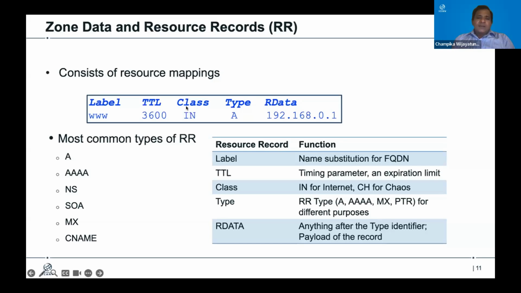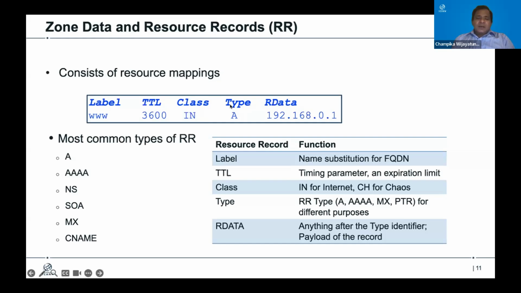That's why we have IN to specify internet. But nowadays, by default, everything is internet. So you don't have to type IN here. Even if you don't specify IN, the class will be picked automatically as IN, internet, okay?